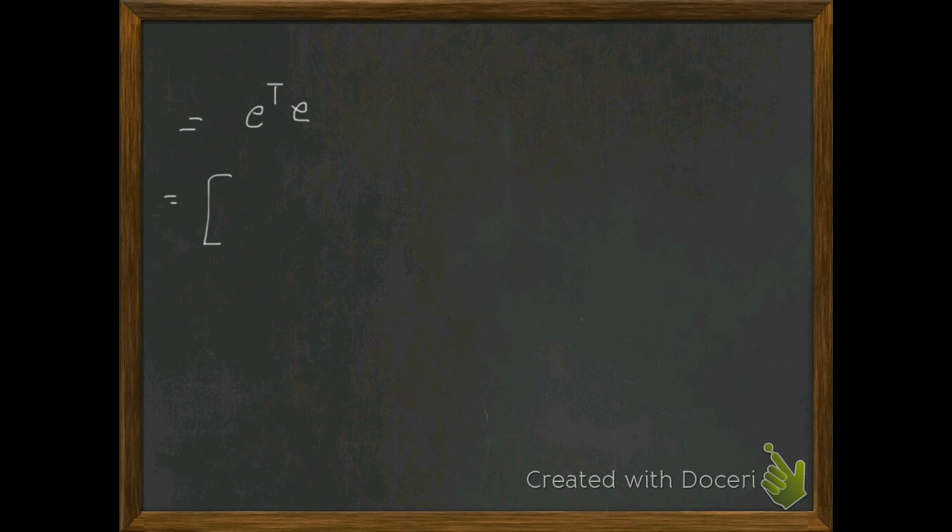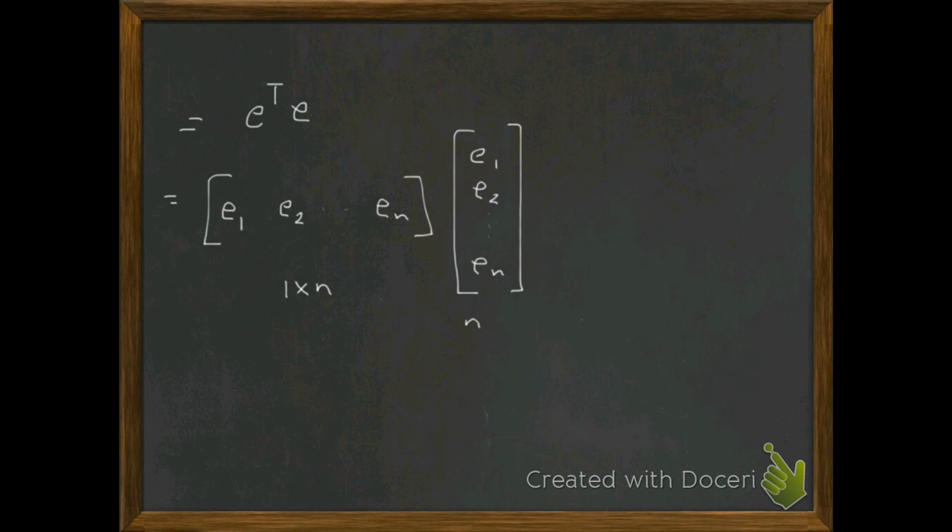e transpose is just going to be the row vector, and of course e is the column vector. And if we multiply 1 by n times n by 1, we're going to end up with a 1 by 1, which is just going to be a coefficient.